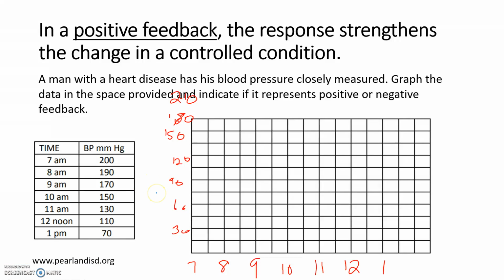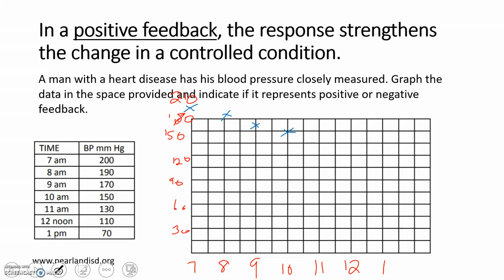Alright, so at 7 it was at 200. At 8 it was at 190. At 9 it was at 170. At 10 it was at 150. At 11 it was at 130.